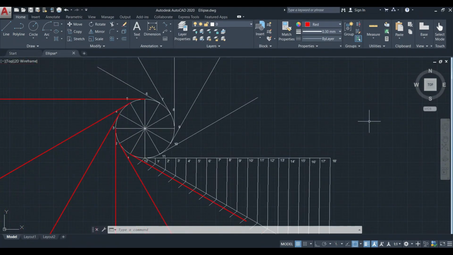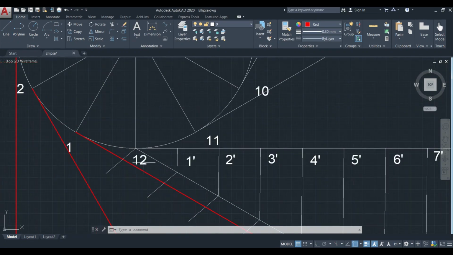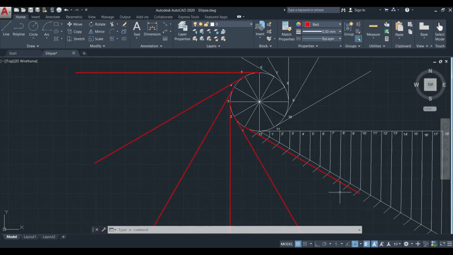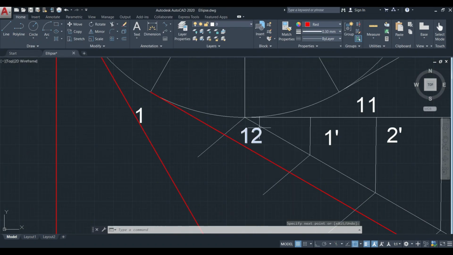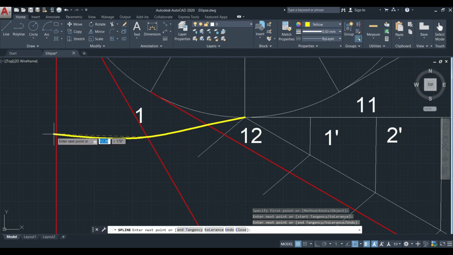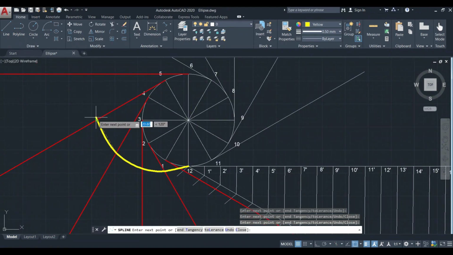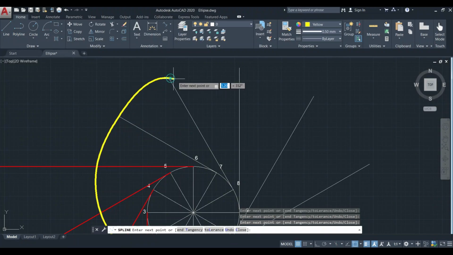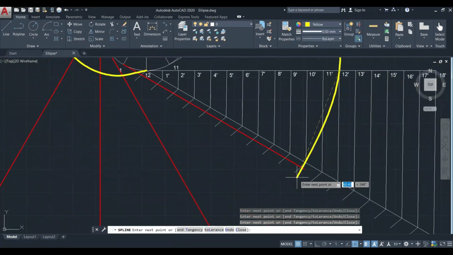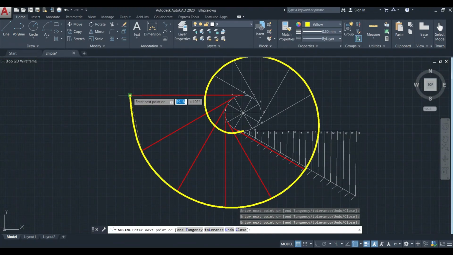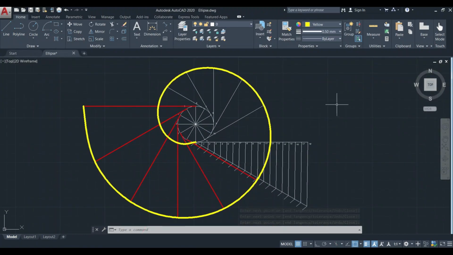Finally, we can draw a curve starting at the point 12 through each and every end point of the tangents. This is the required 1.5 turn involute.